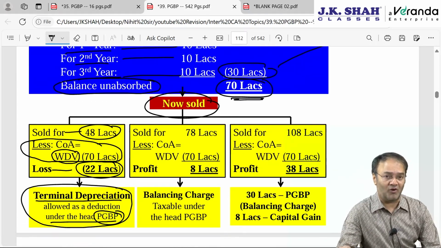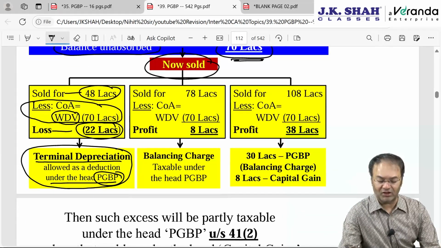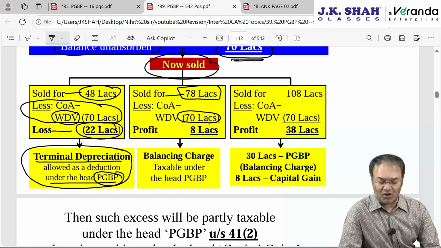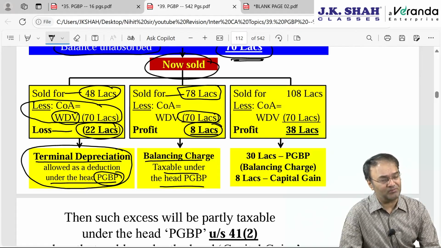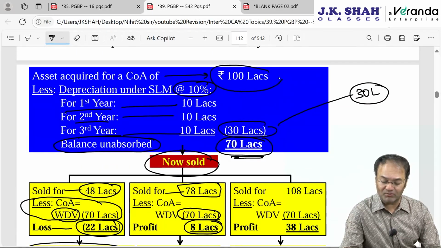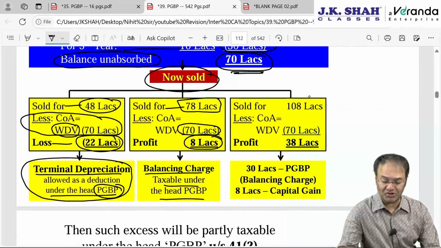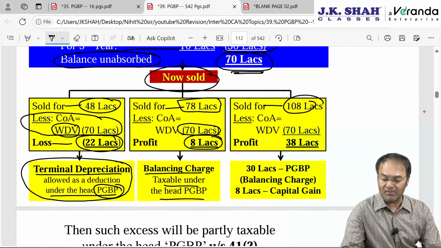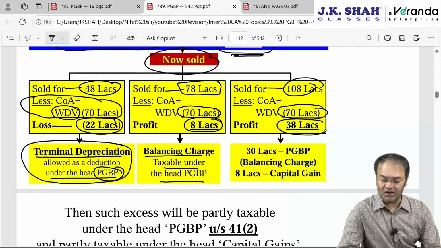But if it is sold at a profit, that is, sold for more than 70 lakh, then there are two possibilities. Sold for, let's say, 78 lakh, that is, more than 70 but less than the original cost of 100; minus 70 lakh cost of acquisition, 8 lakh is a profit. This entire profit will be called balancing charge and will be taxable entirely under PGBP. But if it is sold for more than 70 as well as more than 100, more than the original cost, let's say sold for 108, then minus 70 cost, 38 lakh is a profit.